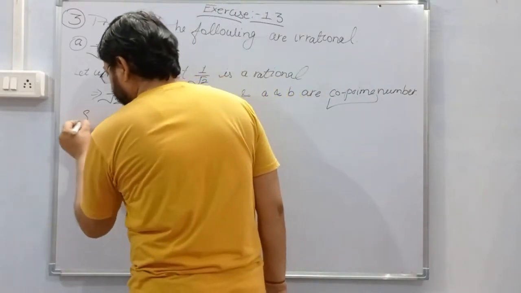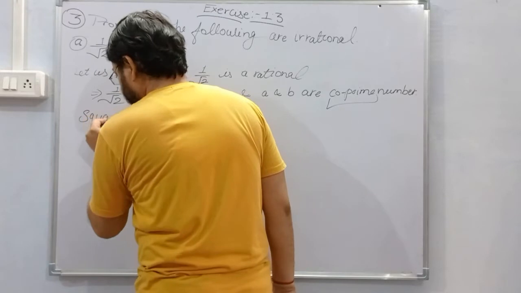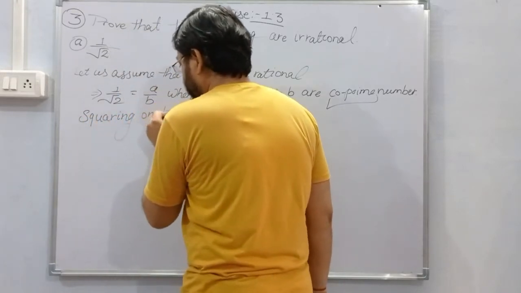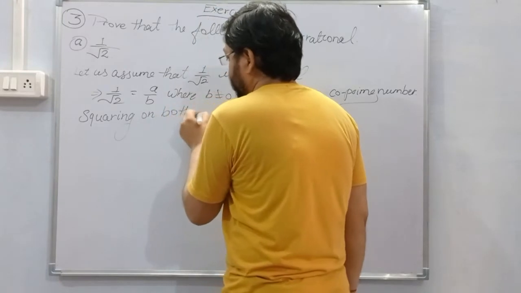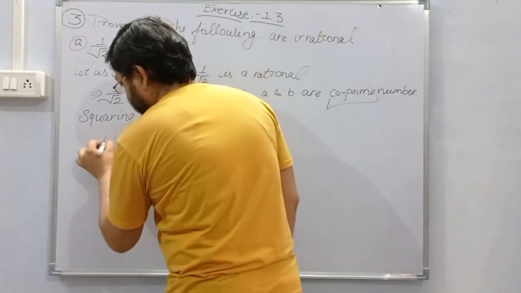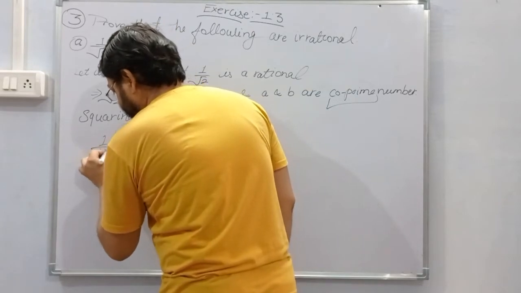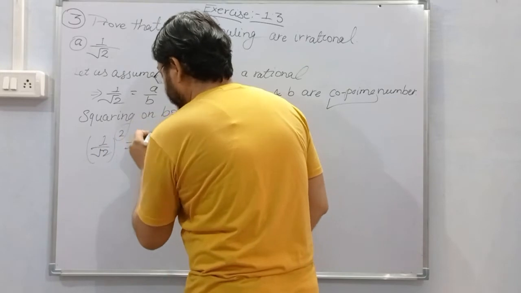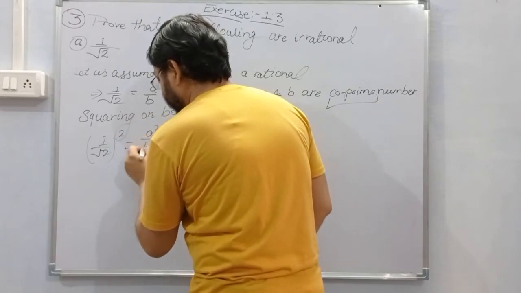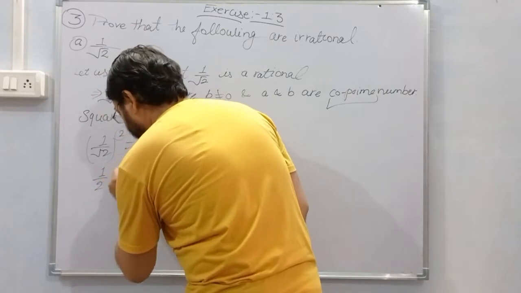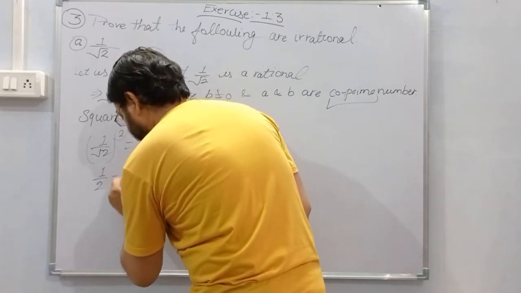Now squaring on both sides, this becomes like this, and this becomes like this. Means 1 upon 2 is equal to a square upon b square.